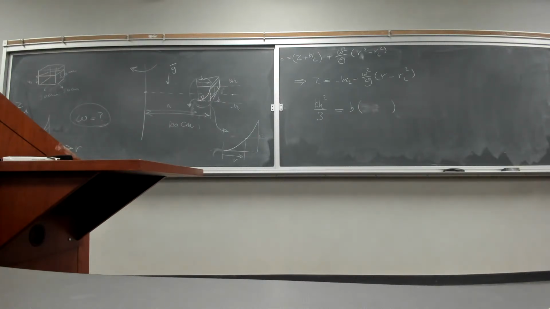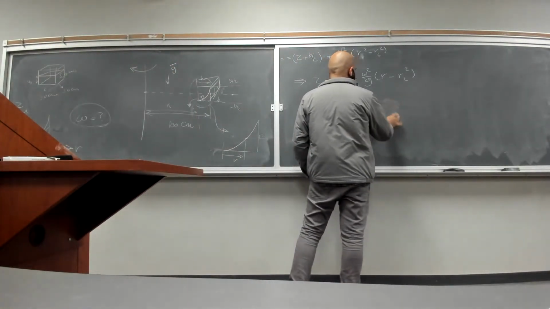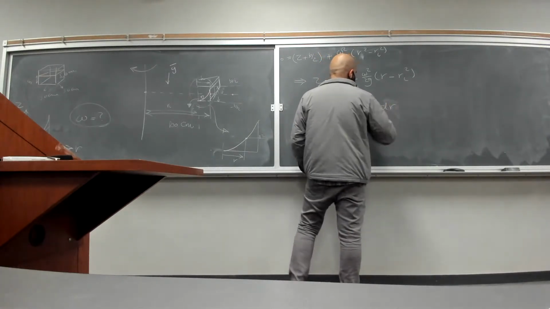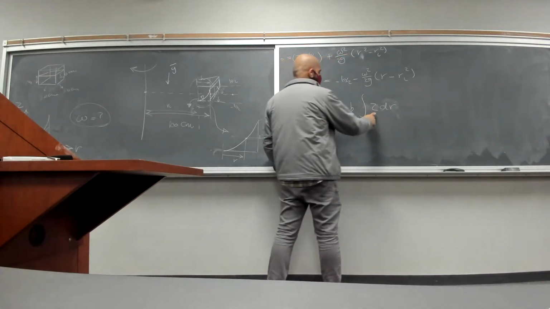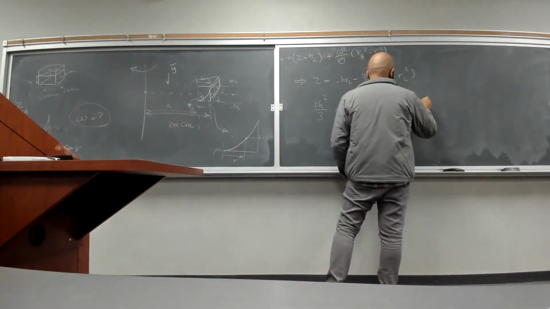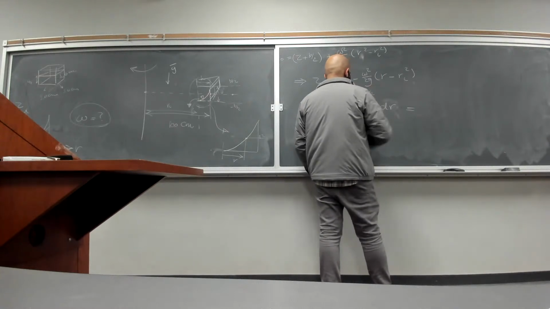We just have to take the integral, right? So to find the volume, we take B multiplied by the integral of Z dR. Do we have Z as a function of R? Yes, we do. And this Z is changing from negative B/2 to B/2 here.